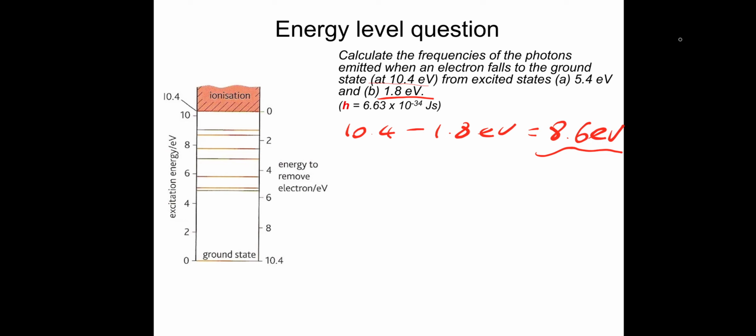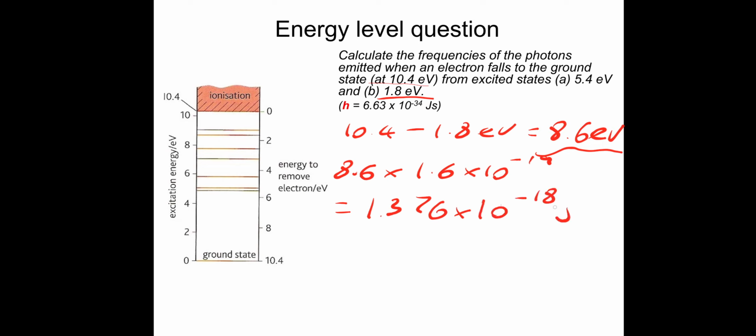Then we need to turn that into joules. So we need to do 8.6 eV multiplied by 1.6 times 10 to the minus 19, which gives us an energy, or change in energy, which will be the energy of the photon, of 1.376 times 10 to the minus 18 joules.